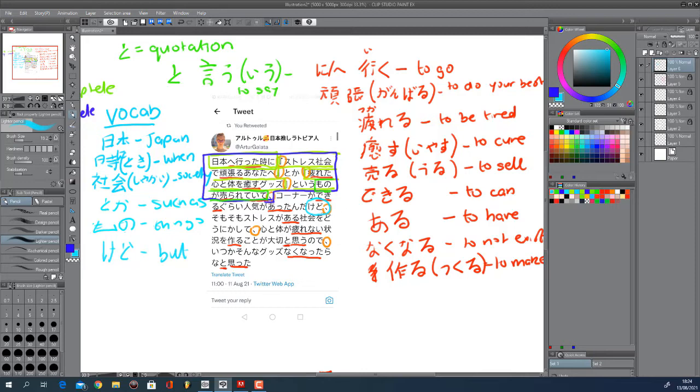The kedo is just an extra bit of our clause, but again, this is a complete sentence because it has the verb at the end. The verb is aru. So we have コーナーができる. That in itself could be a complete sentence.